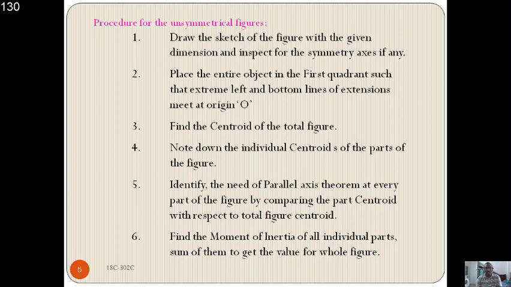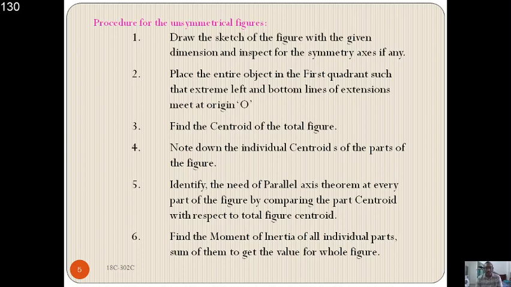If x bar is not equal to x1, x2, x3, and so on for the number of parts, then you need to employ the parallel axis theorem. Similarly, in the case of y bar also, if y bar is not equal to y1, y2 and y3 and so on, then you need to employ the parallel axis theorem.